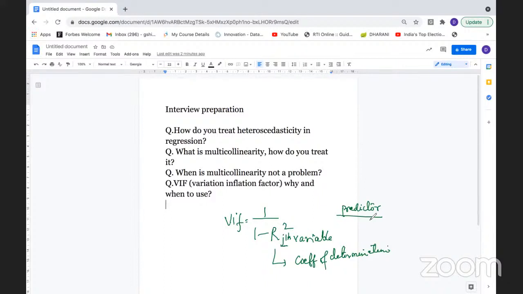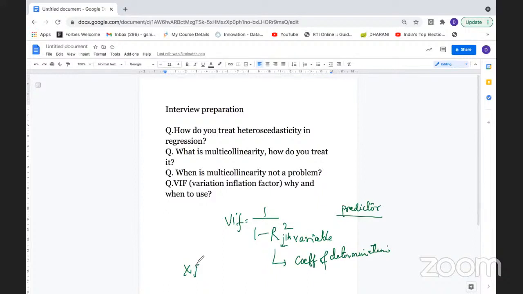R square of the jth variable is nothing but the multiple R square for the regression of xj on the other independent variables. It is a regression that does not involve the dependent variable y. You are not involving your y here.